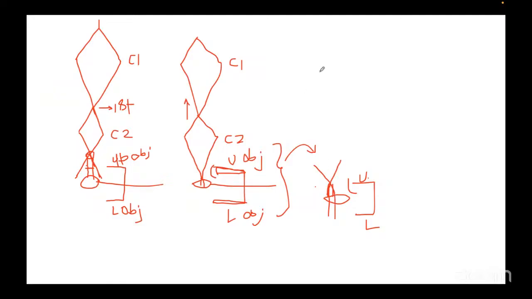The other way we can make the electron beam parallel: consider this is the crossover point, and this is the C1 lens current. The C1 lens will converge the beam, but the C2 lens current is kept such that it will not converge at this point.